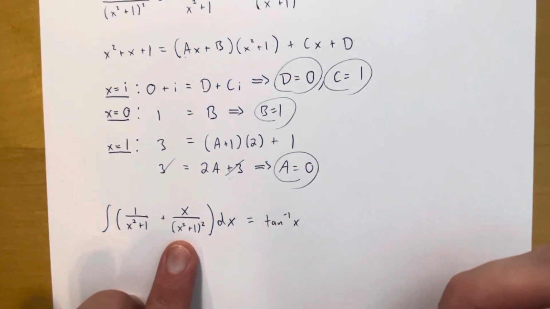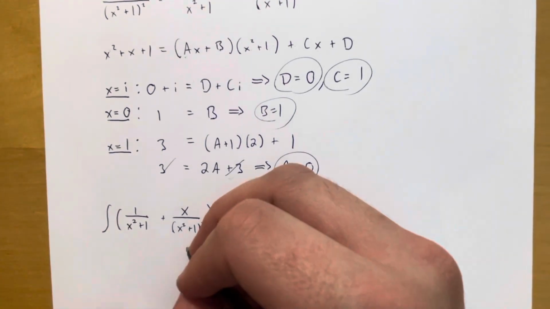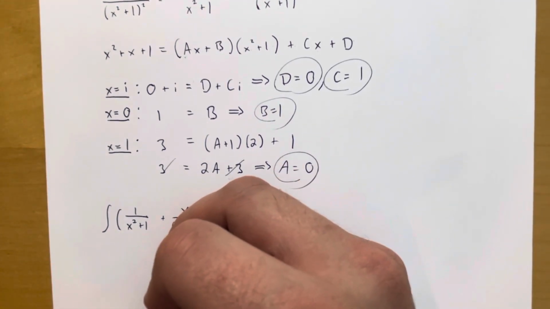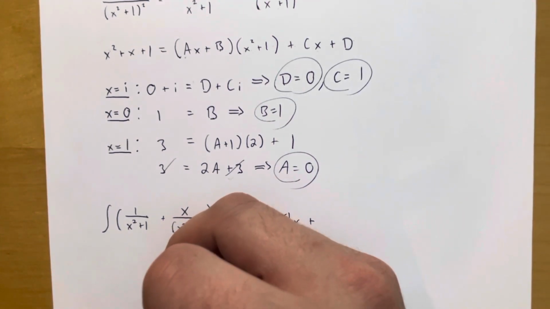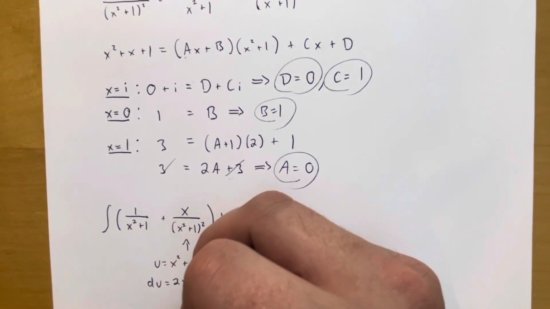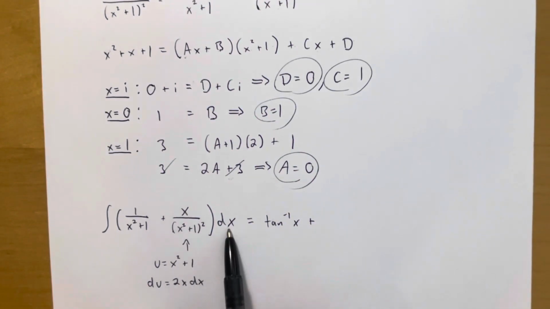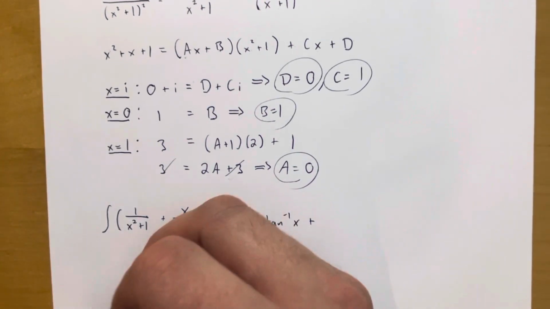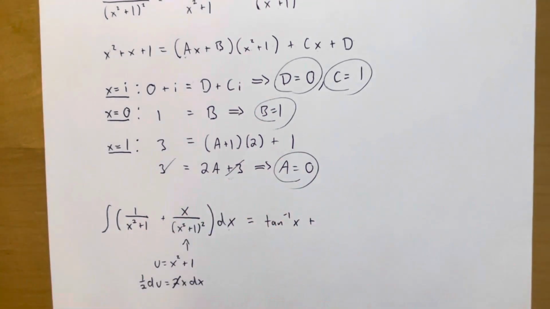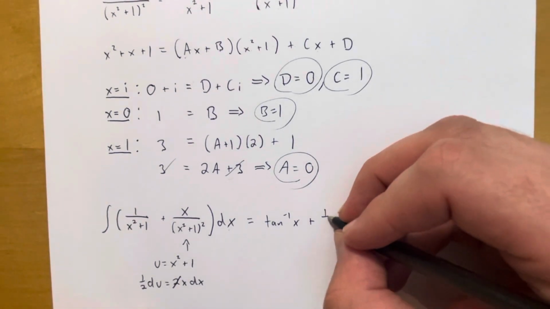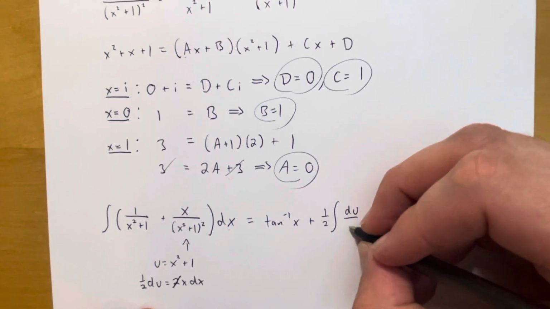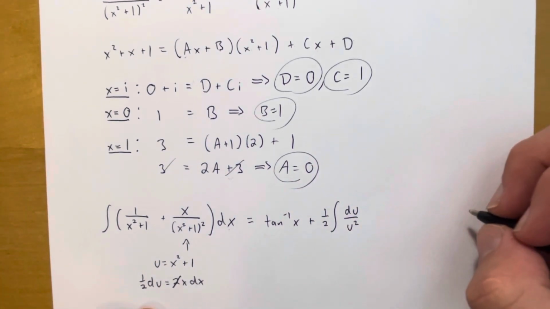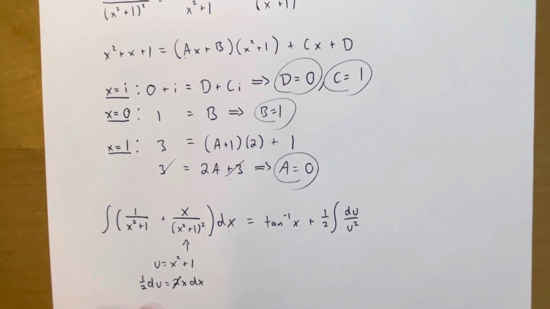Like we said, right off the bat, we know that this gives me the inverse tangent of x. This I can solve with a fairly straightforward u substitution. Set u equal to x squared plus 1, so that du would be equal to 2x dx. We have x dx. The 2 is easy to manage. Multiply both sides by 1/2. So this becomes 1/2, I bring that out, du over u squared, right? Because that was raised to the second power.